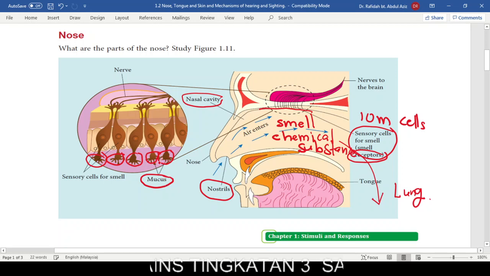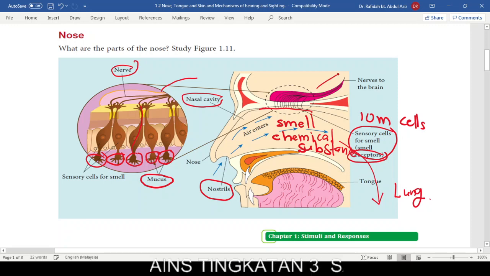This mucus will trap the smell, and then that smell will be detected by the receptor, which will produce an impulse. This impulse will be sent through the nerve at the end of the sensory cells to the brain.